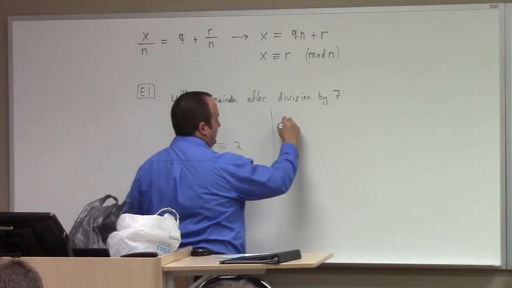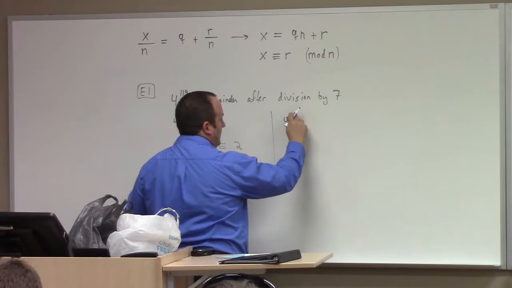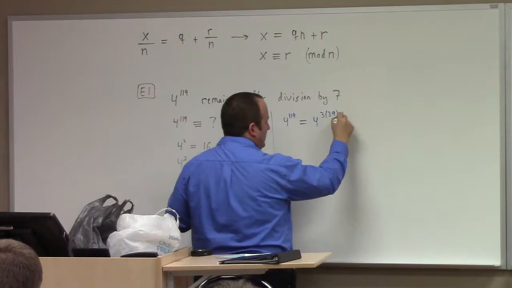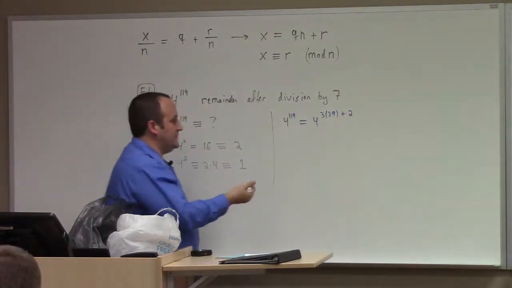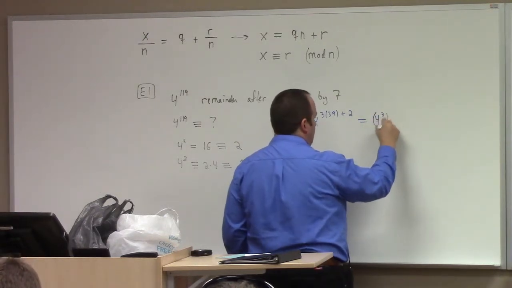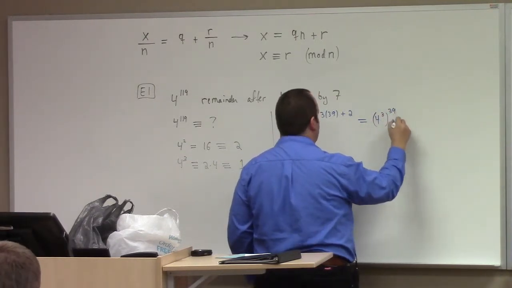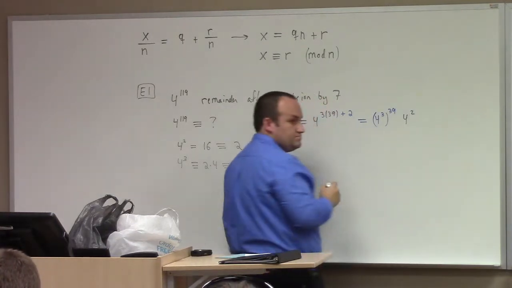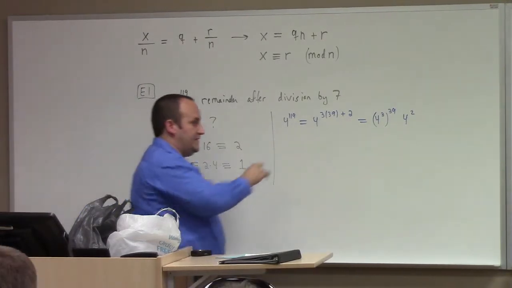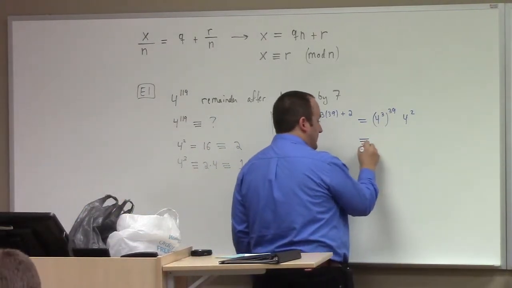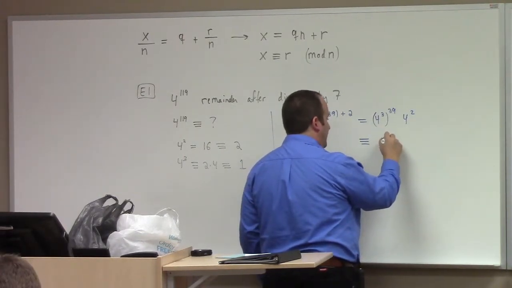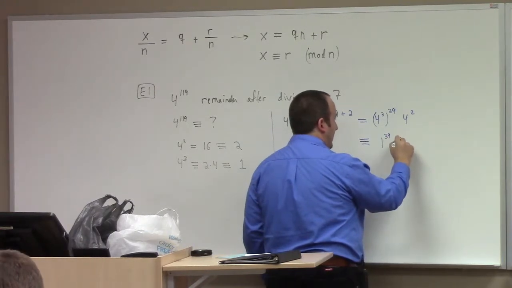we take 4 to the 119th power, right? And we rewrite that as 4 to the, that's 3 times 39 plus 2, right? And the reason for doing that is that so that's 4 cubed to the 39 power times 4 squared, right? This is all just integer arithmetic so far, but this is going to be congruent to 1 to the 39 power times 4.